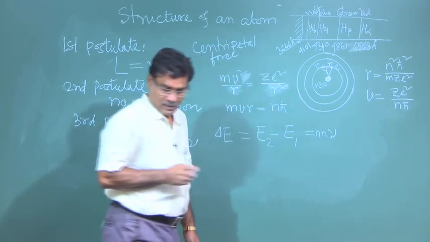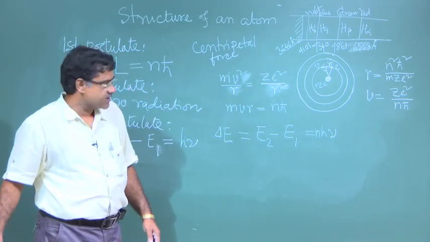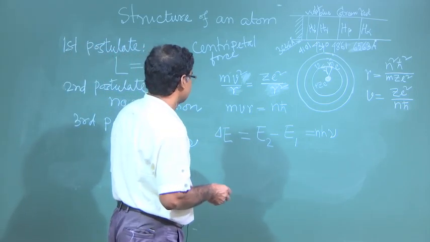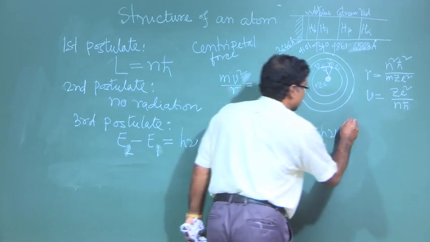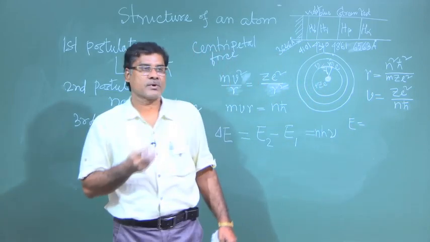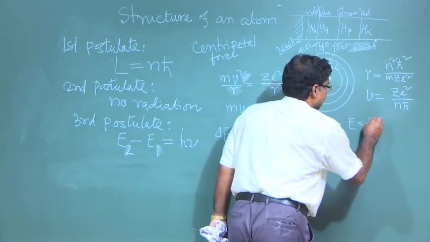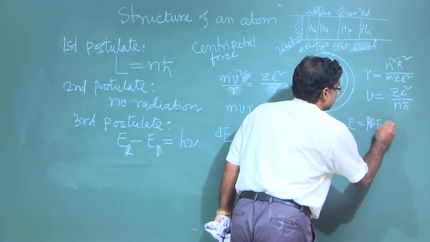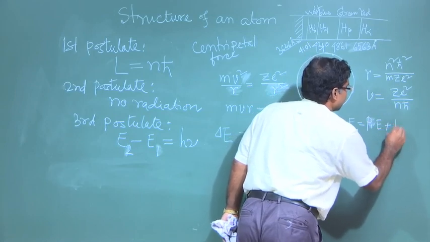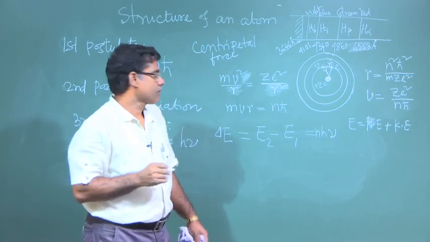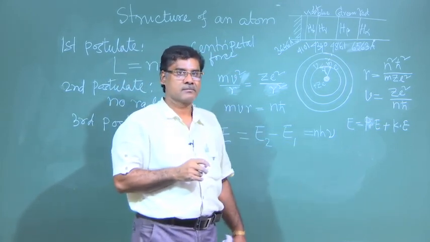Okay. So, what is the energy expression? E equal to kinetic energy plus potential energy of the electron. What is the potential energy?